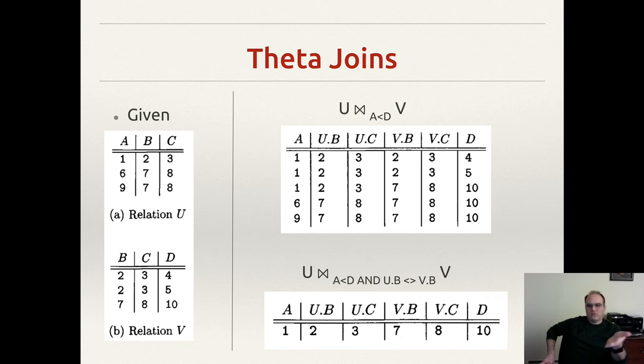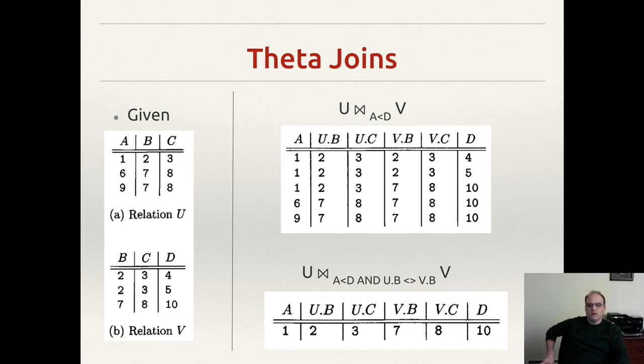Now the last one here, the second example, is the same with A is less than D, but then we also say, and U dot B is not equal to V dot B. In other words, the B attribute in both of these has to be different. So just like before, we're using an and, so now both of these conditions have to be true.